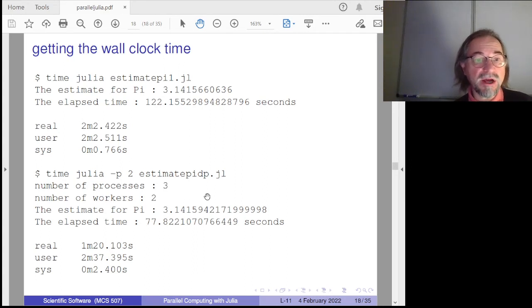Now you see I go from 2 minutes and 2 seconds to 1 minute and 20 seconds wall clock time. The elapsed time is 77 seconds, and the wall clock time gives me 80.